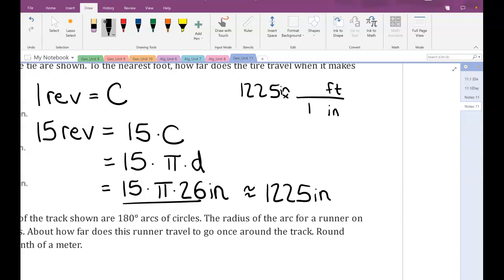There are 12 inches in 1 foot, so we have to divide 1,225 by 12 to get our distance in feet. So 1,225 divided by 12, rounding to the nearest foot, it'll be about 102 feet. That would be our answer. If a wheel just made 15 turns, we would travel 102 feet.